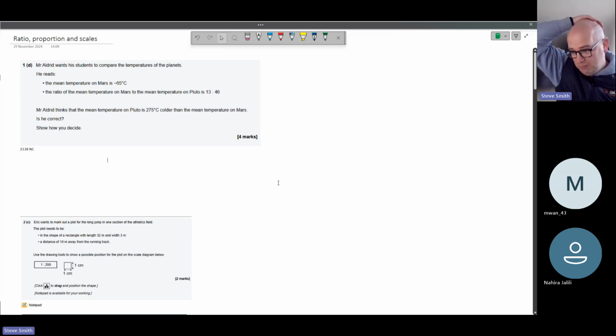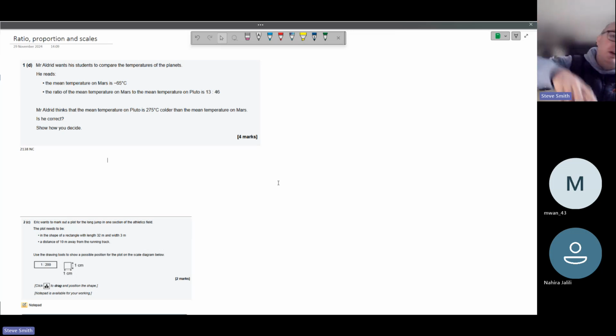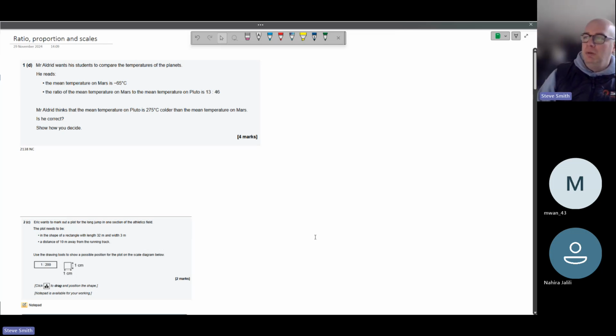People in Spain learn it differently from people in the UK, from people in China, from people in Australia. The ways that you can do questions, it's really fun to see that lots of people learn things different ways. So like I said, all these questions are on ratio, proportion, and scales.